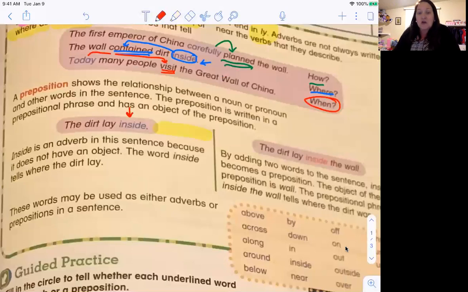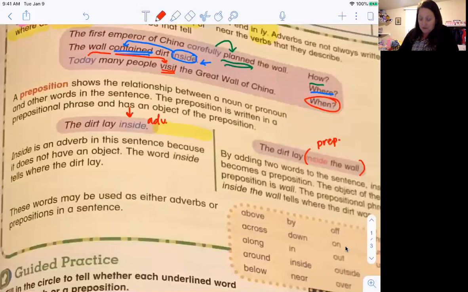It says the dirt lay inside the wall. Well, okay, we have inside the wall as our prepositional phrase. So we got to be very careful, and I showed you one little way that we can tell. If the word that we're looking at comes at the end of a sentence and there's no other words after it, then it has to be an adverb. Okay, but if it's in a prepositional phrase, then obviously it has to be a preposition.